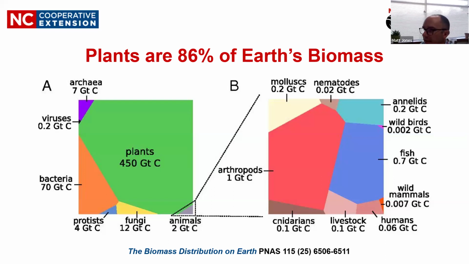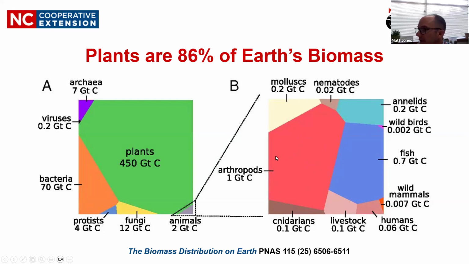So notice here that all the animals on the planet, including all the insects, all the arthropods, make up a relatively small portion of the amount of organisms on the planet. And here's some food for thought, maybe slightly disturbing, looking at animals. We've got arthropods, that includes insects and arachnids and all of that group, relatively large within animals, of course.